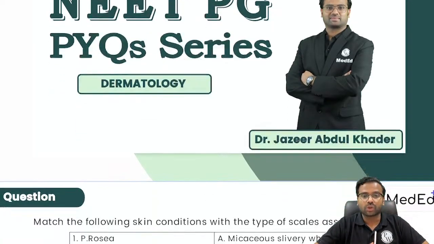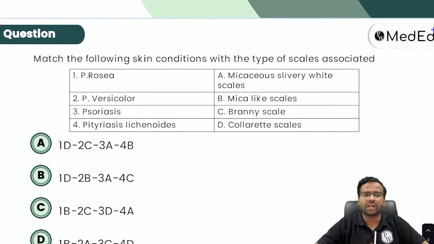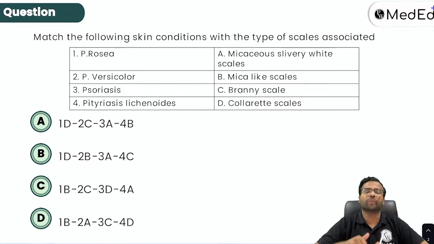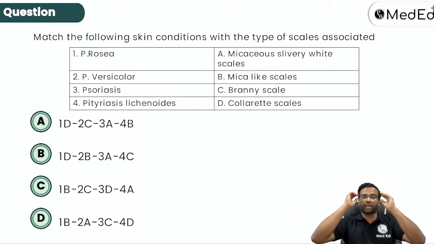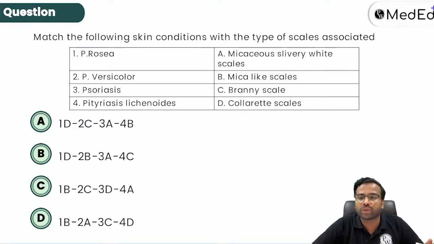Okay, so let's begin with the first question. The first question is a PYQ which came as a match the following, where you have to match a disease with the type of scaling that is seen: pityriasis rosea, pityriasis versicolor, psoriasis, pityriasis lichenoides. On the right hand side, you can see that everything is about scaling.